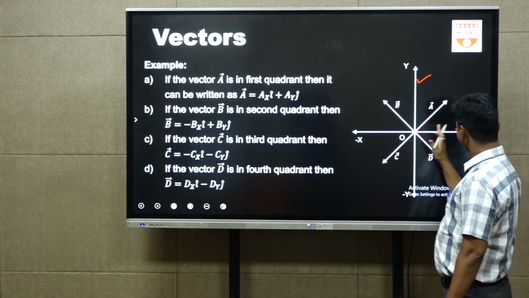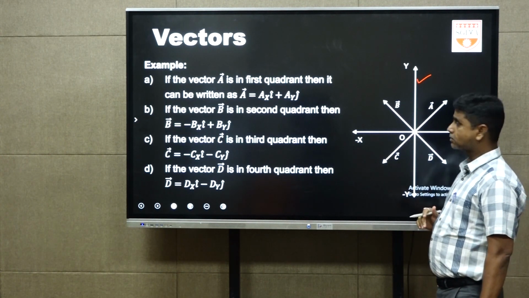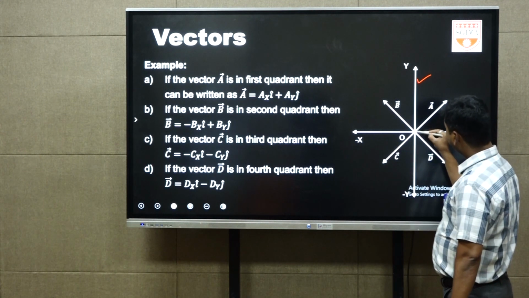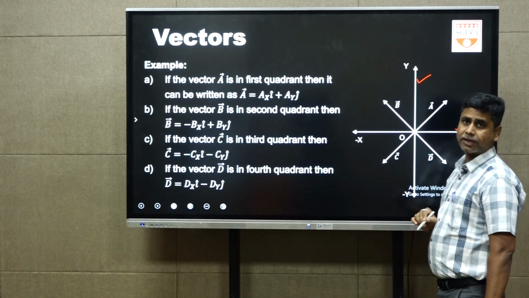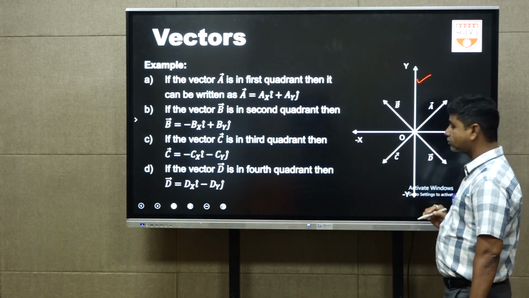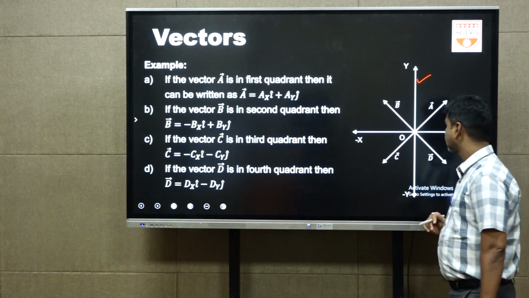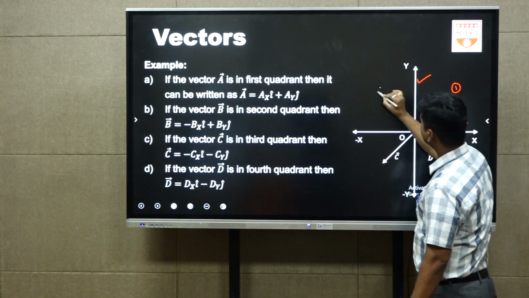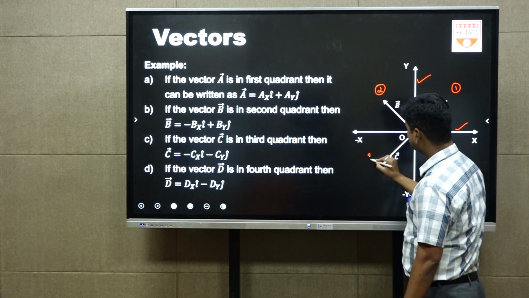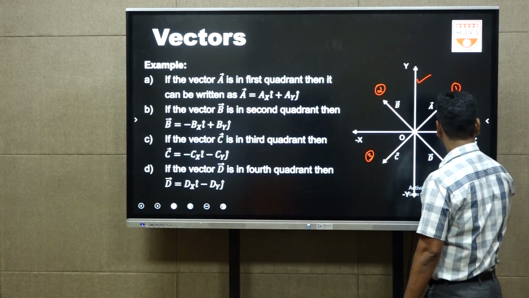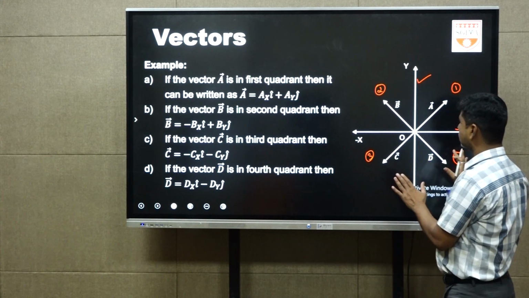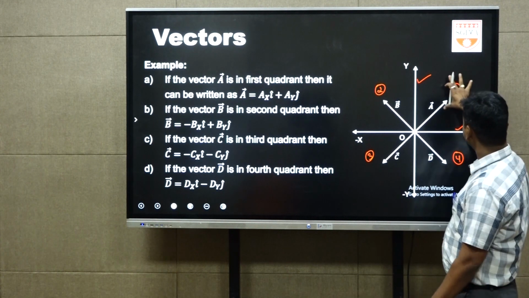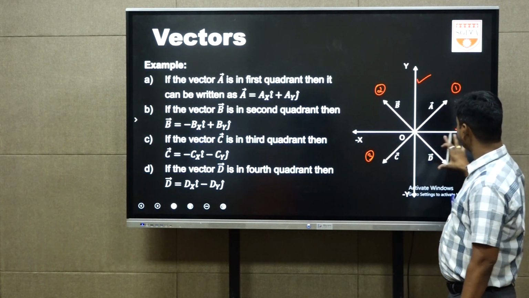From the origin, the right side is positive x-axis, the left side is negative x-axis. Above the origin is positive y-axis, below the origin is negative y-axis. You clear? This is the first coordinate, the second, the third, and the fourth. Now these axes divide the xy plane into four parts: the first, second, third and fourth.